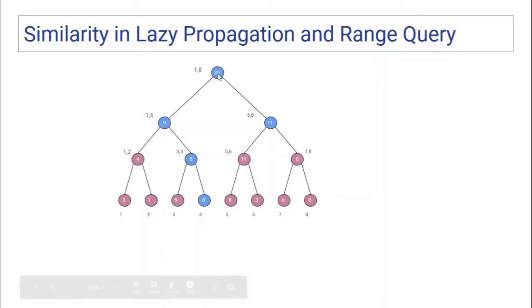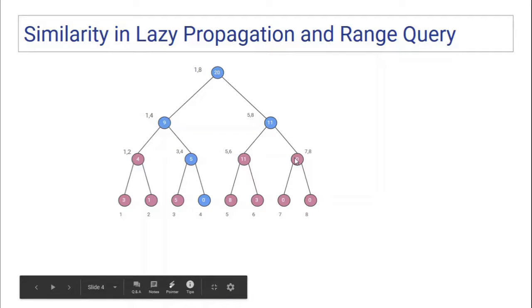That is why you make two recursive calls, left and right. That is what we have done here. As soon as you reach here, you see 5 and 8 lie completely inside your query range 4 and 8. So all of the elements in this range will form a part of your solution. That is why you can directly return the sum from here, and you do not go down because you don't need to.